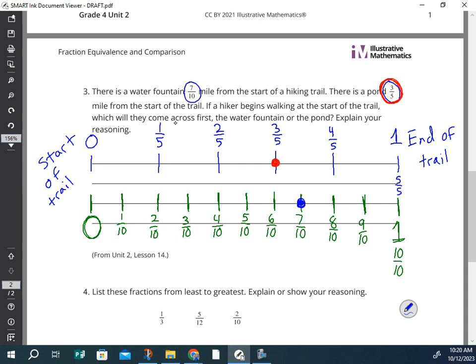It looks like we would reach the pond first, except I don't have any more room to write. I'll write it up here. We would reach the pond first. My thinking is down below.